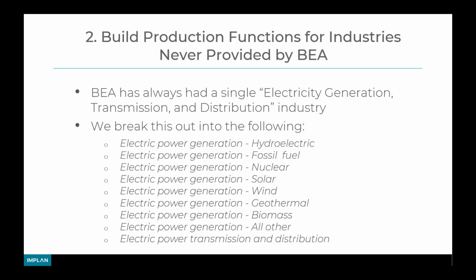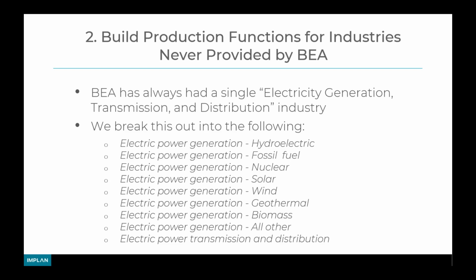All right, so as Jenny mentioned, another way that IMPLAN differentiates its industry scheme from the BEA's is through creating entirely new production functions that the BEA has never offered before. All the examples of this type of work relate to the electricity generation, transmission, and distribution industry.